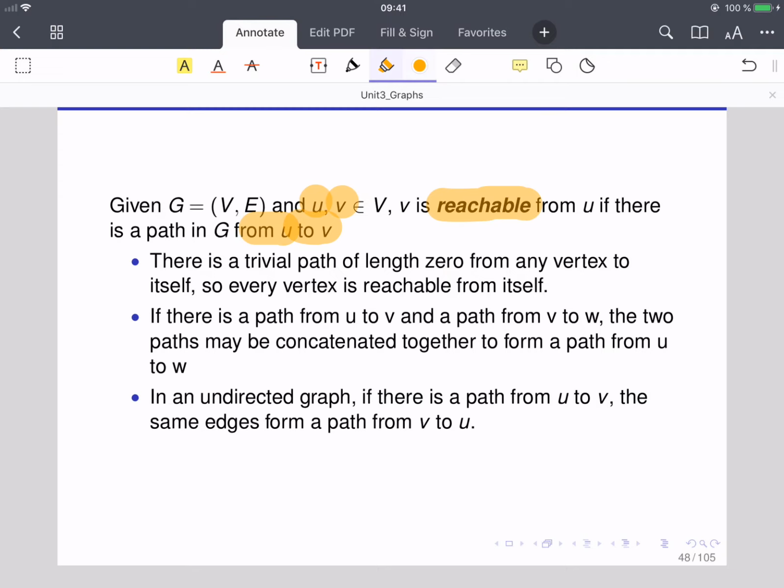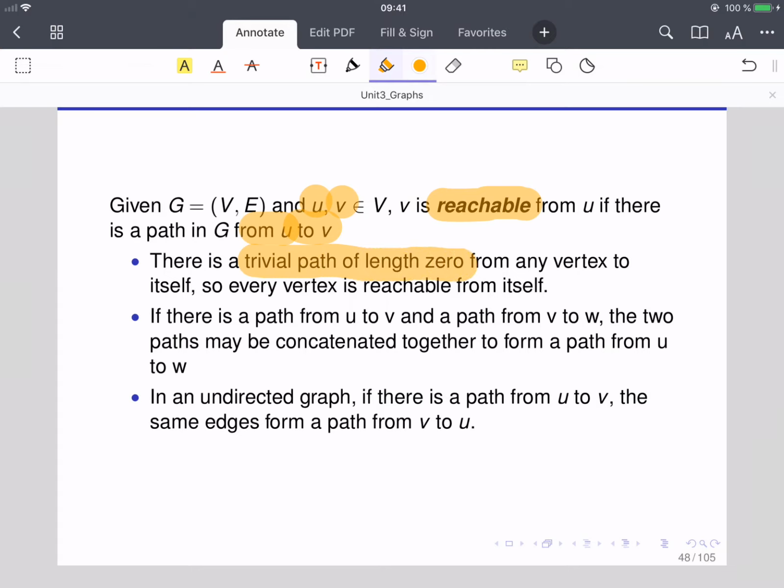And this reachability property has some interesting properties related to how we can see this as an equivalence relation. So for instance, we see that there is always a trivial path of length 0.